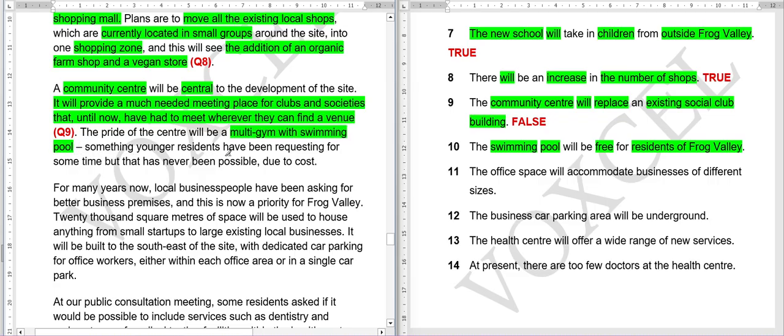Something younger residents have been requesting for some time, but that has never been possible due to cost. They're saying that younger residents have been requesting it for a lot of time, but because of cost, because of a money problem, they were not able to build it.